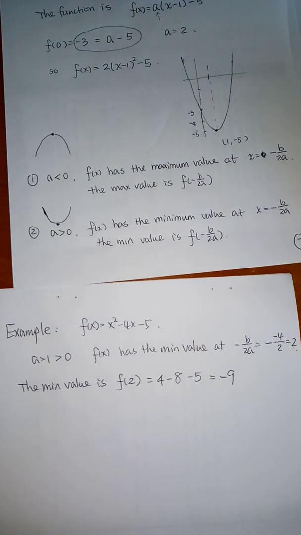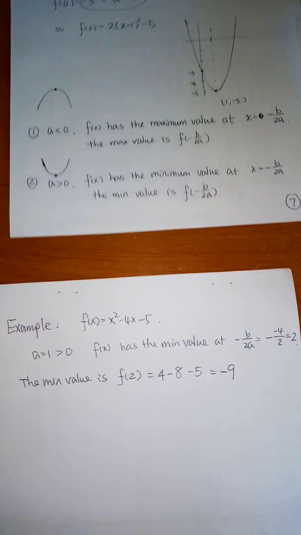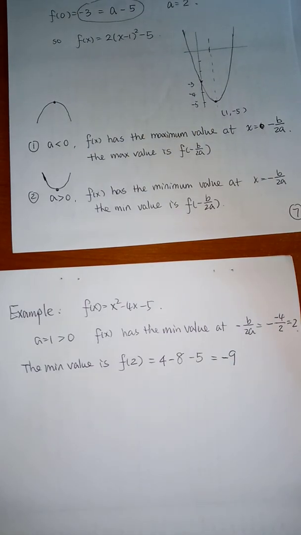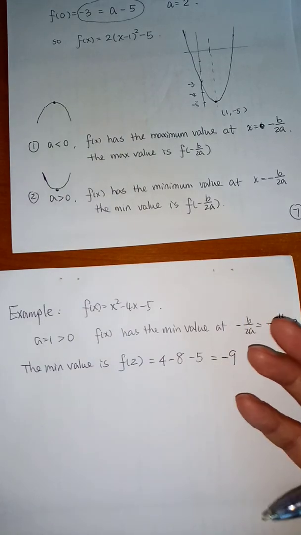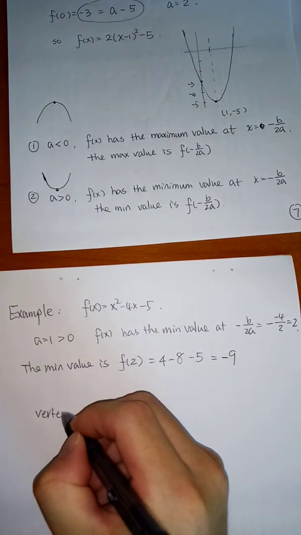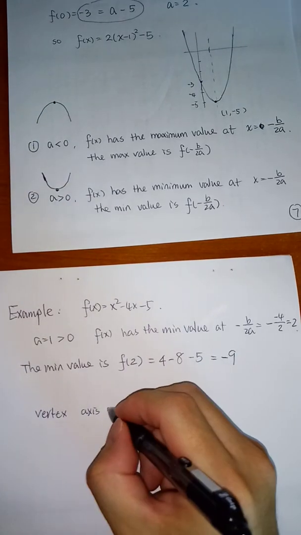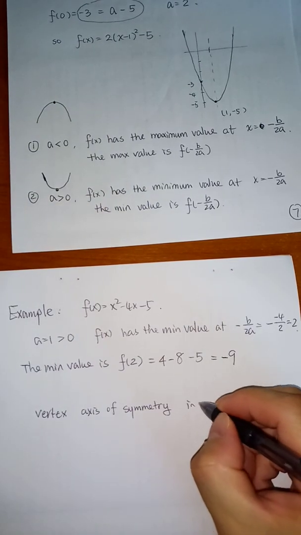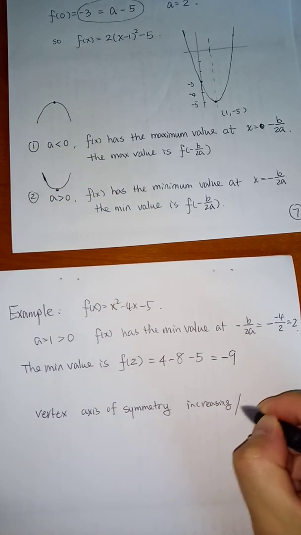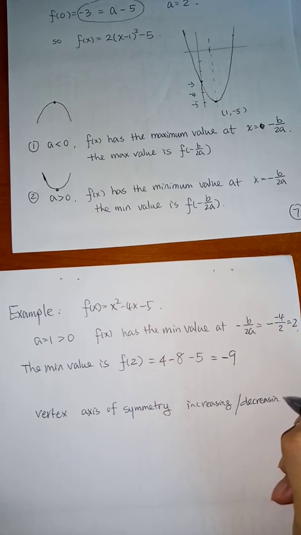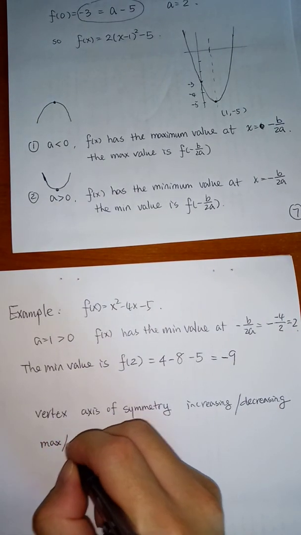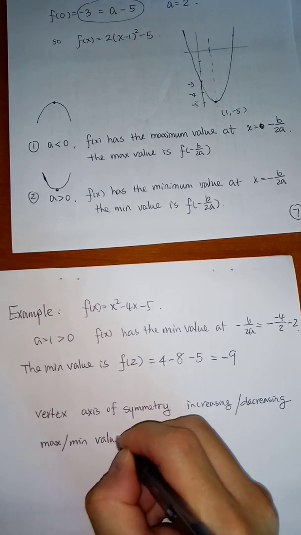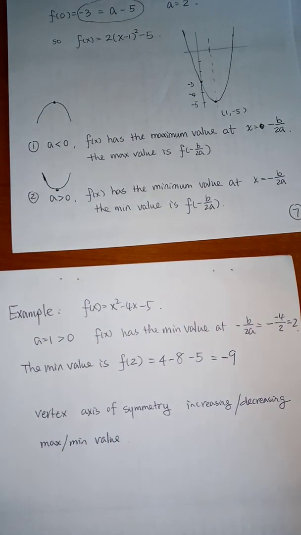Okay, so here we finish the section on quadratic functions. You know the 5 things: vertex, axis of symmetry, increasing and decreasing, max and min value, and x and y intercepts.